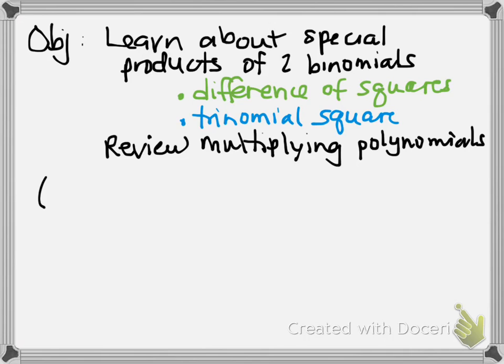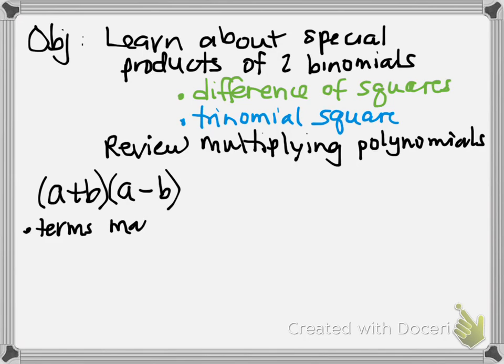So the original problem would be two terms that are identical. The only difference between the two binomials is a sign change. Okay? So let's just list the criteria. Variables or terms match in both binomials.